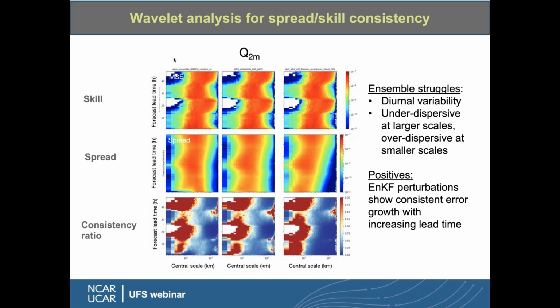And what you'll notice is that there's quite a bit of diurnal cycle variability. For instance, there's a peak to larger scales at roughly 24 hours, and then it fades back off again and goes back to smaller scales in terms of mean squared error.